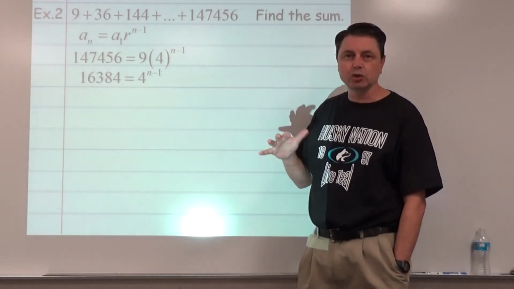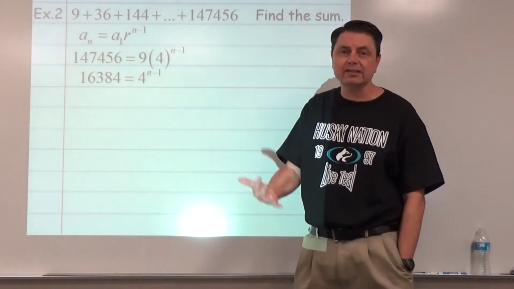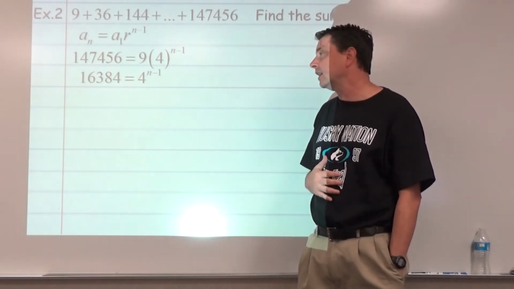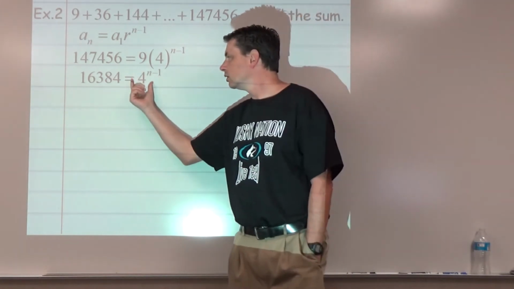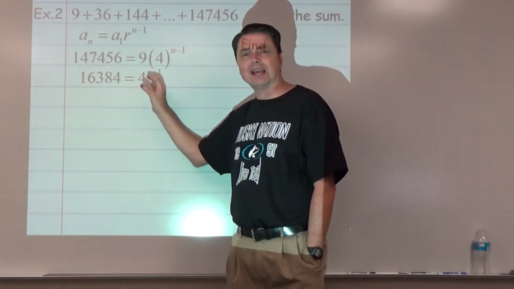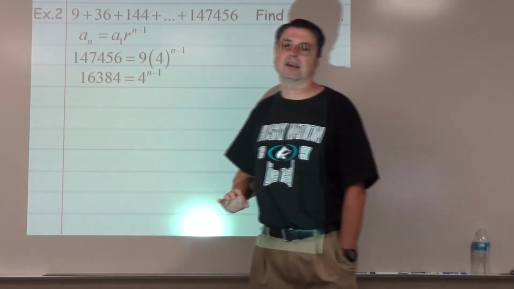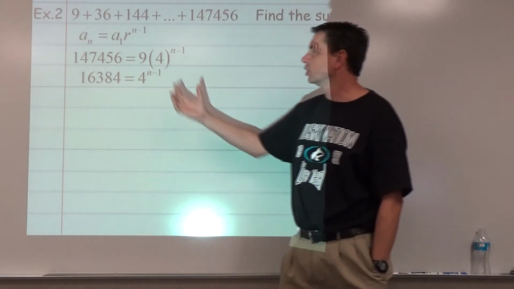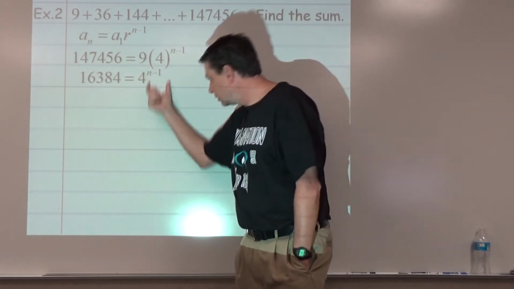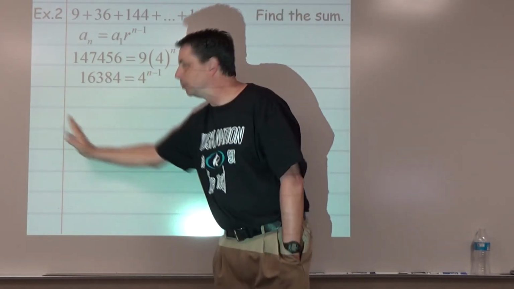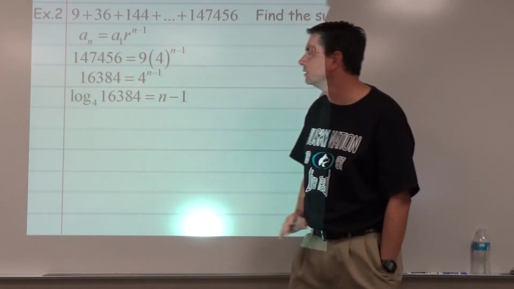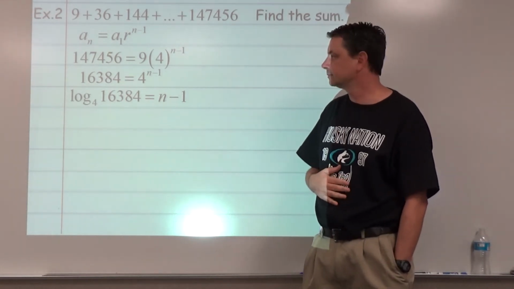So now we've got some choices here. We can do guess and check. I'm okay with that. Or we can bring this down, which means logarithms, which means rewriting this as a logarithm. So to rewrite it in log form, n minus 1 equals, the base moves to the other side, base 4.